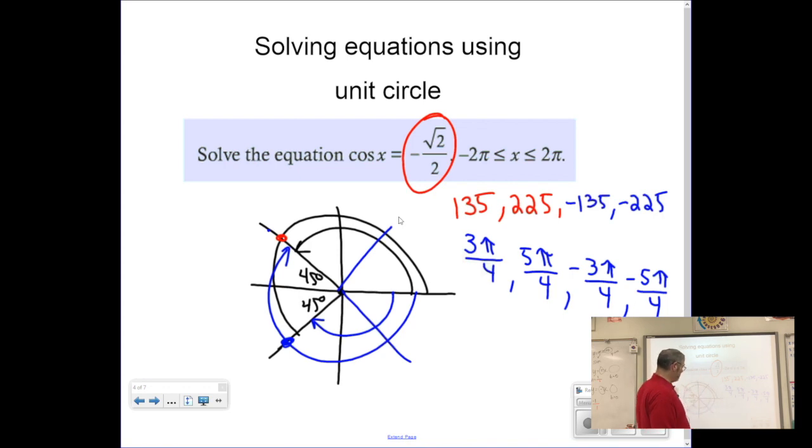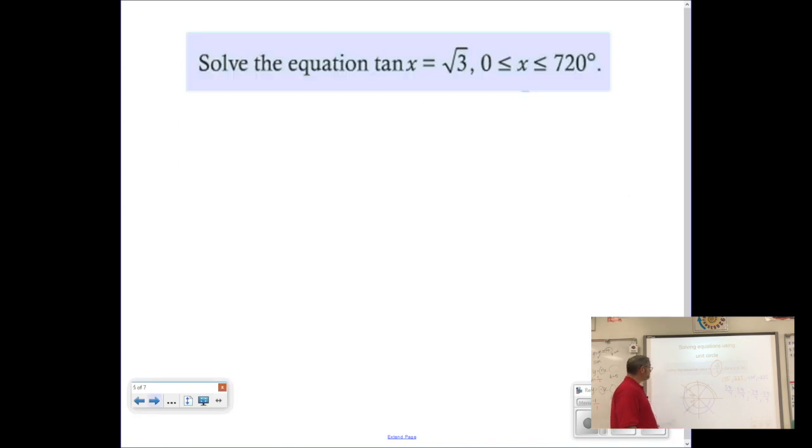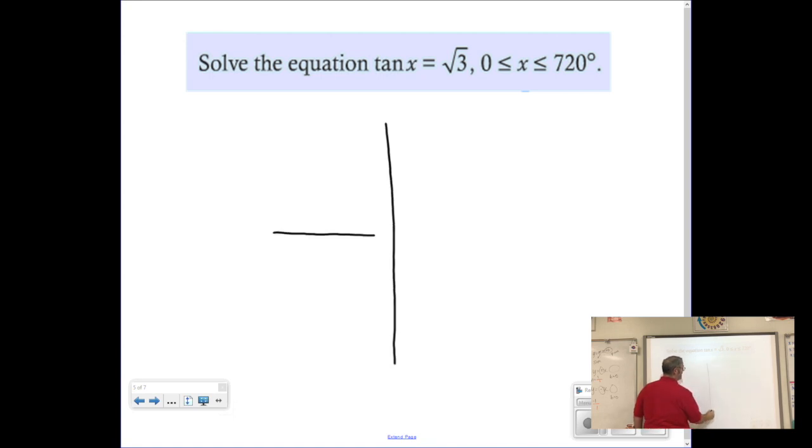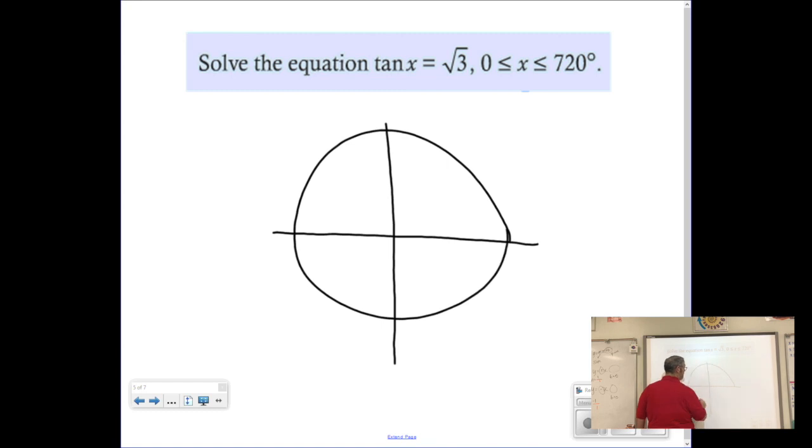Let's take another problem. All right, so we want to solve this equation. What angle x is going to give me a tangent of square root of 3? There's my unit circle.